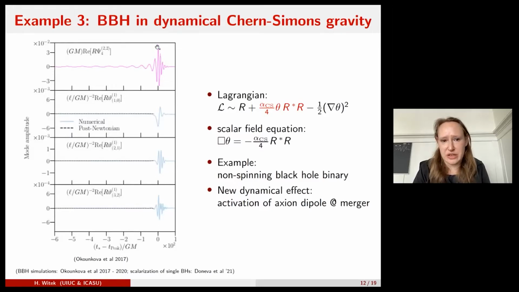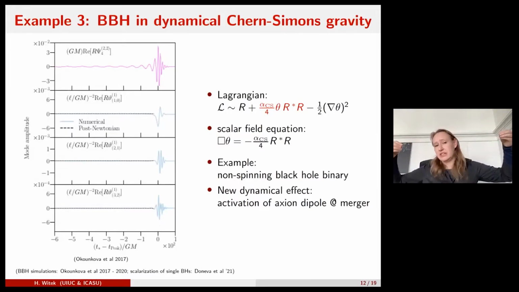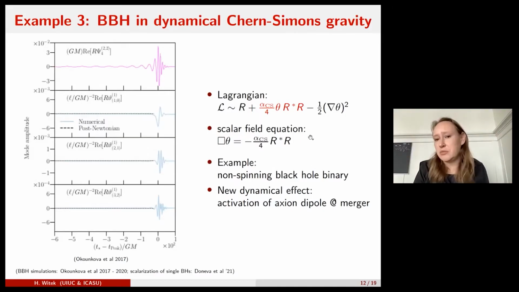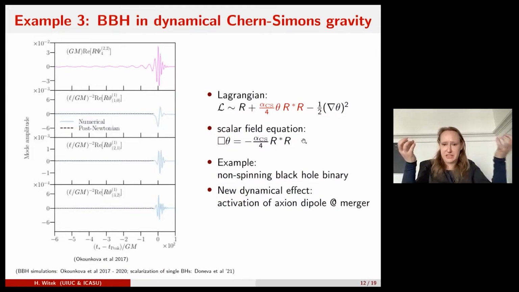Now, if you look at this evolution, and if you were to do a similar calculation for the early inspiral using post-Newtonian calculations, you would not expect to have any excitation in the scalar field, because the Pontryagin density of your initial black holes would be 0, because they're non-spinning.